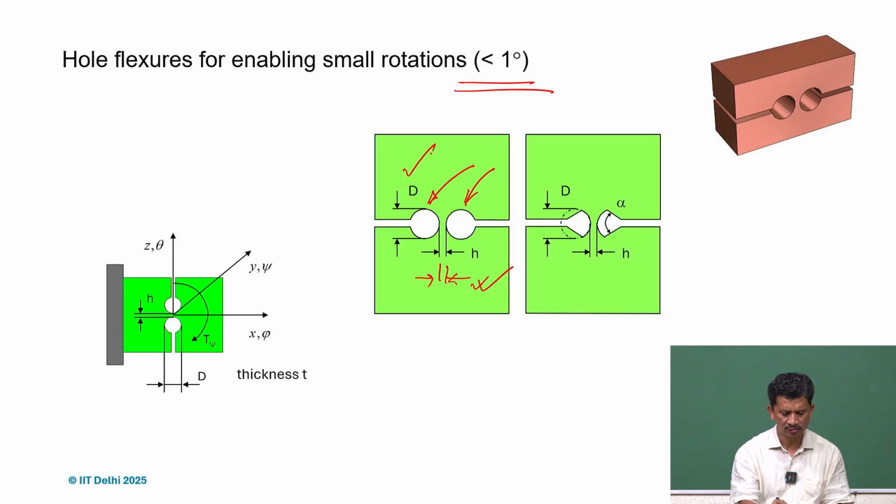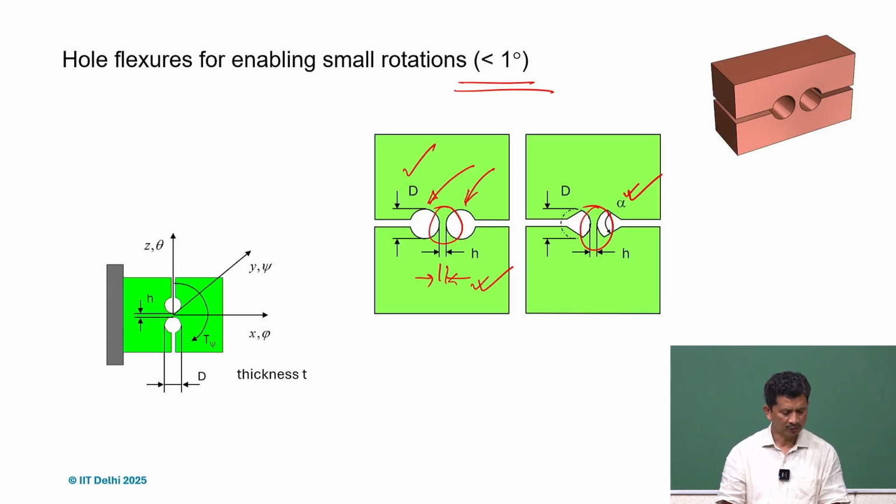This is the functional part in this case, and we realize that not necessarily do we have to create the entire hole; a section of maybe more than 120 degrees is already good enough. So that alpha is important, and this thickness of the hinge is important.